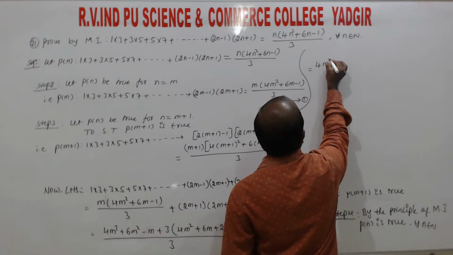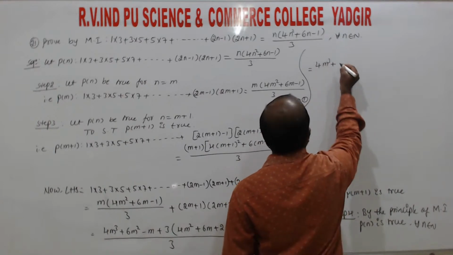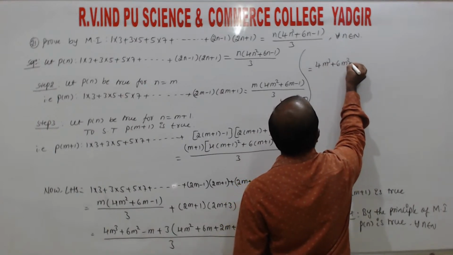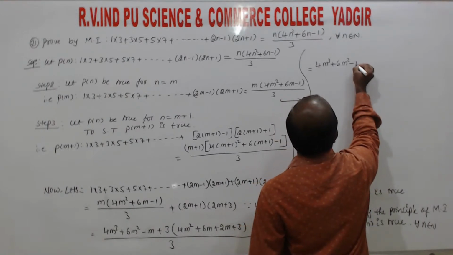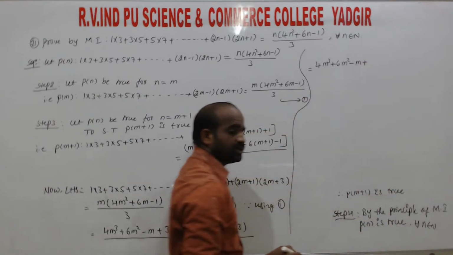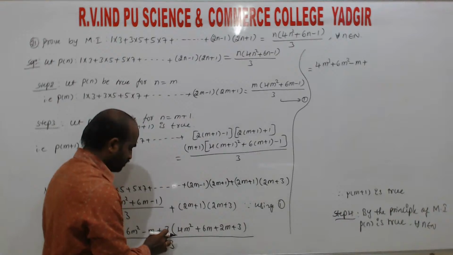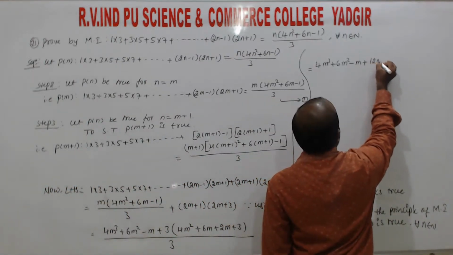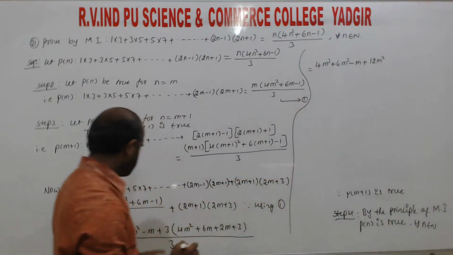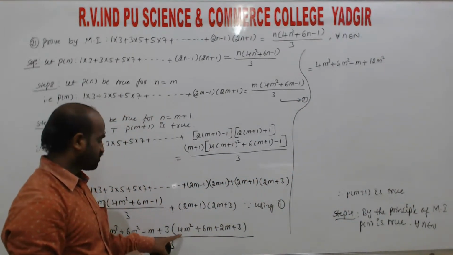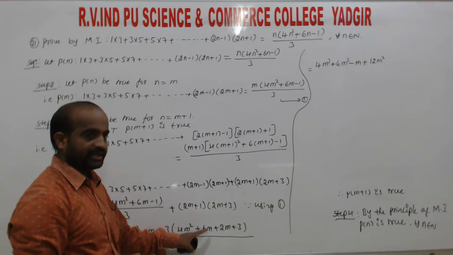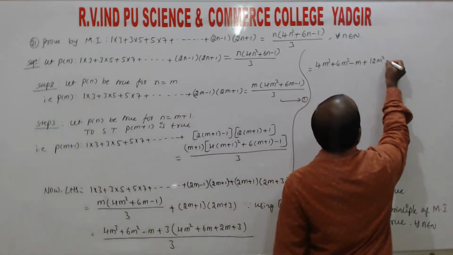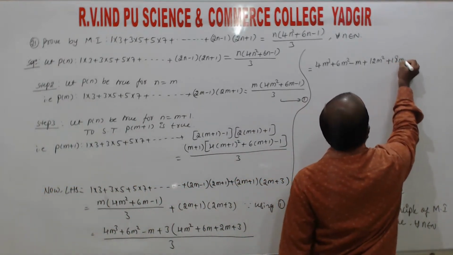4m cube plus 6m square minus m plus 3 is multiplied. 3 into 4, 12m square. 3 into 6, 18m.